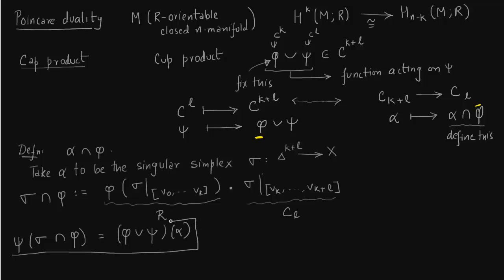This duality we have to prove between the cap product and the cup product. So this follows very trivially. To make things clearer, I will write this first part as 1 and the second part as 2. So we just apply psi to the map sigma cap phi.